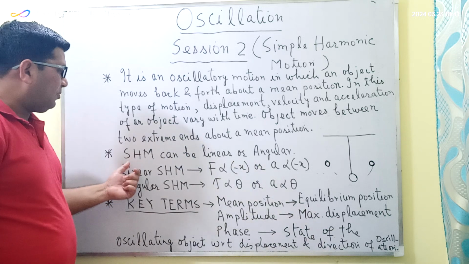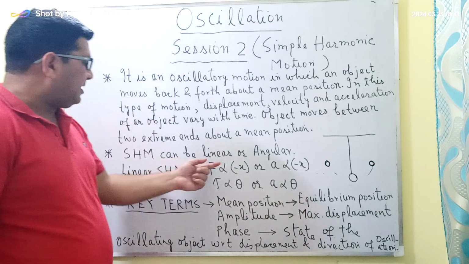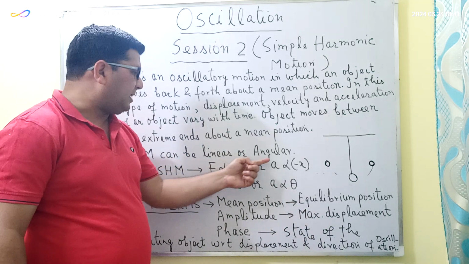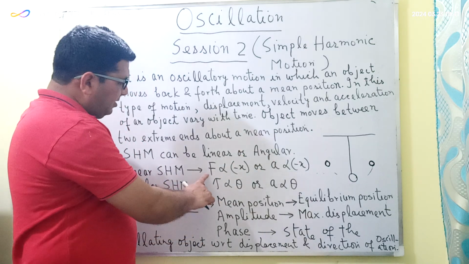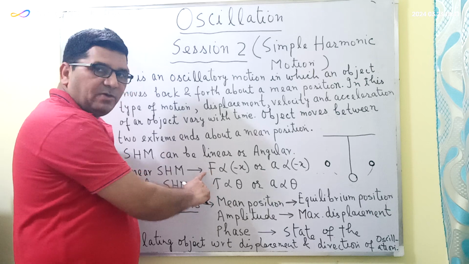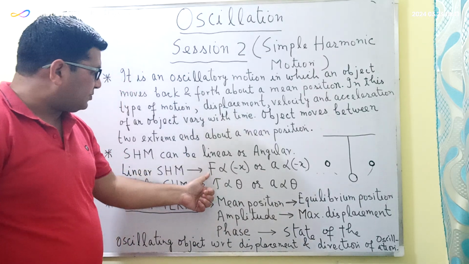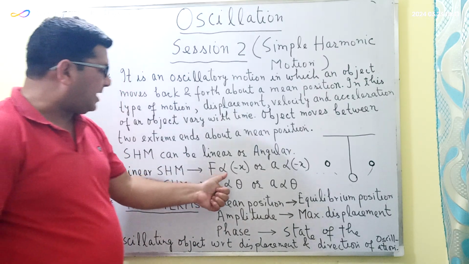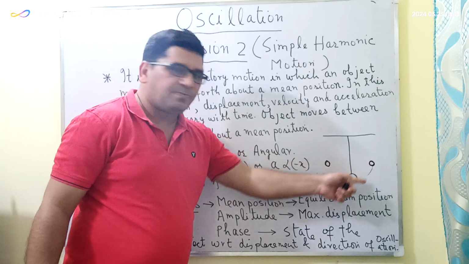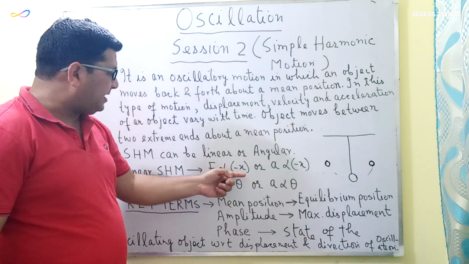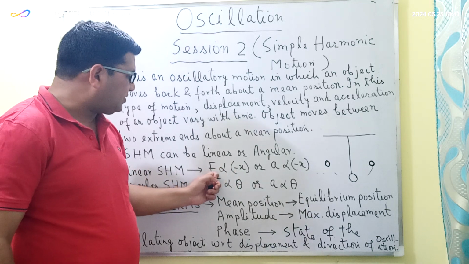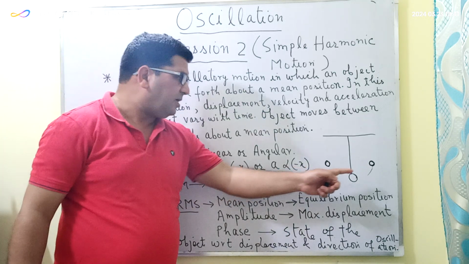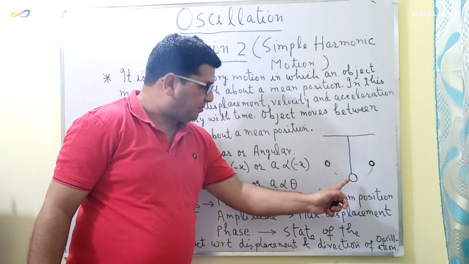Now simple harmonic motion can be linear simple harmonic motion or angular simple harmonic motion. In linear simple harmonic motion, F is the restoring force. This restoring force is directly proportional to the displacement of this object, and the minus sign indicates that the direction of this restoring force is opposite to the direction of the displacement.